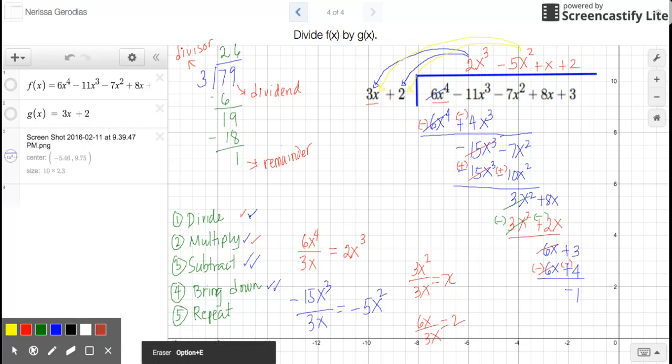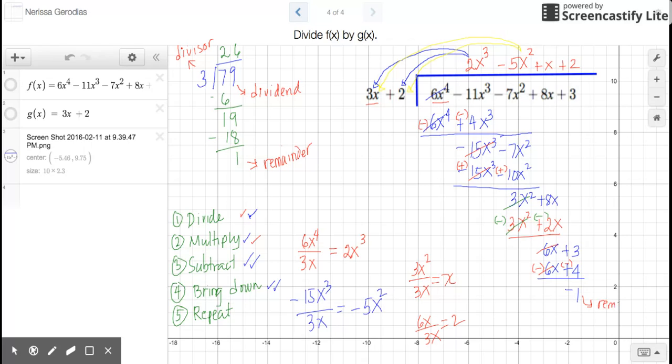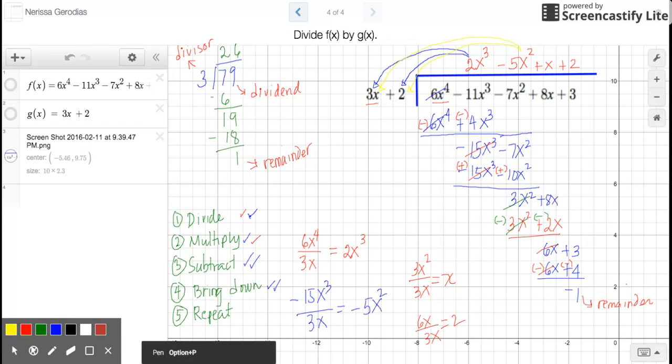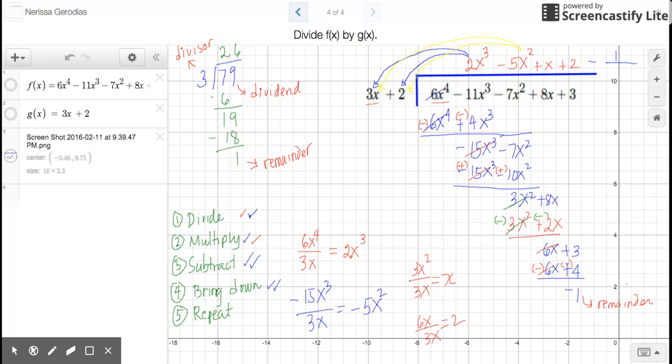And since there's no more term to bring down, we are done. And negative 1 is the remainder. So in order to write the quotient, we're going to have 2x cubed minus 5x squared plus x plus 2 plus the remainder, so minus 1 over the divisor 3x plus 2.